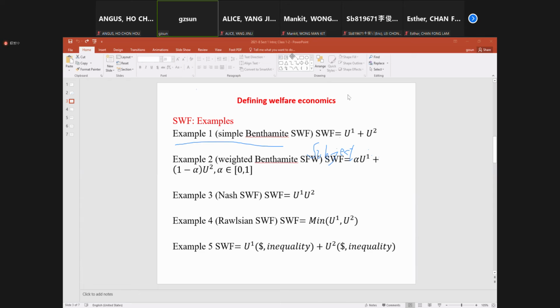I couldn't find the eraser, but anyway, let's continue. Okay, good. Now let's look at several examples.